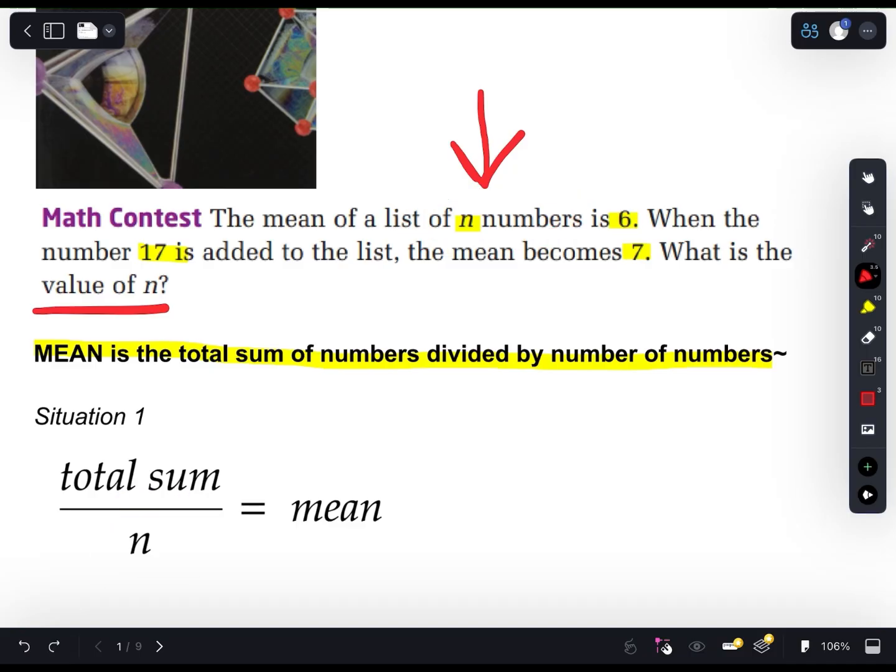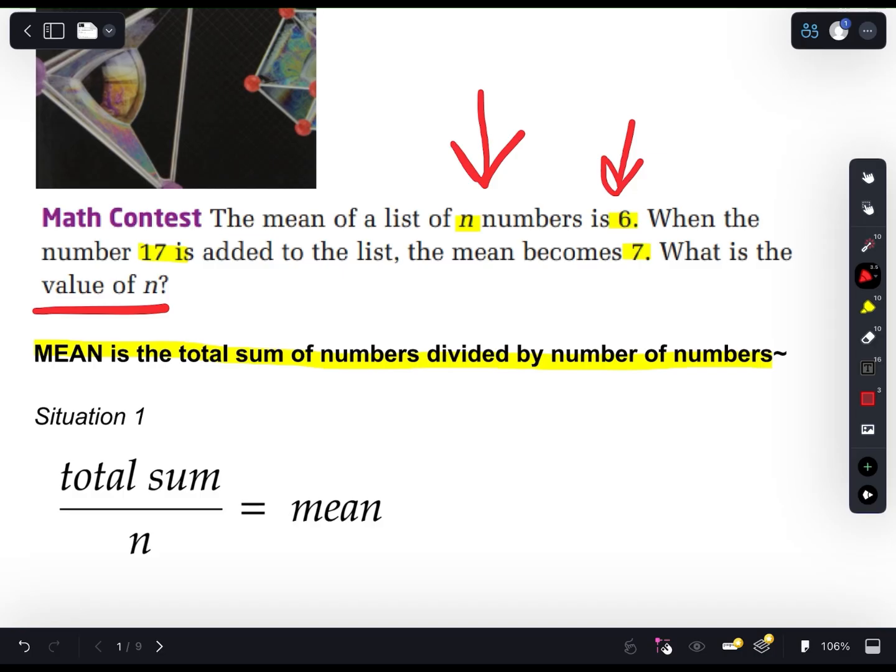Okay. So we have a scenario, a situation here. We have situation 1, where we've got a mean, which is 6. We've got a bunch of numbers, and we also have that total sum. We just don't know what it is. And then situation 2, things change. This is really important because the situation has changed.